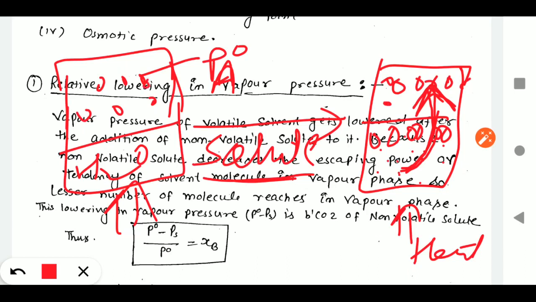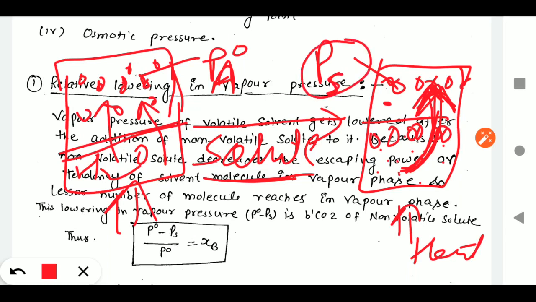Unlike in the pure state, where many more came because there is no hindrance and maximum molecules come into the vapor phase, here lesser molecules come into the vapor phase. Here this pressure will be less and this is known as PS, that is the vapor pressure of the solution. So this is less and this is high.